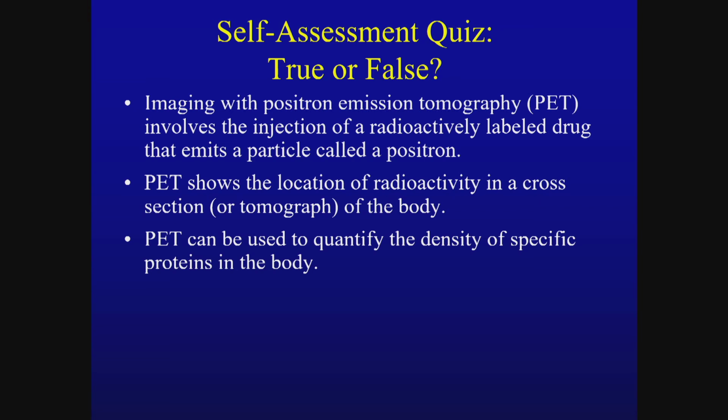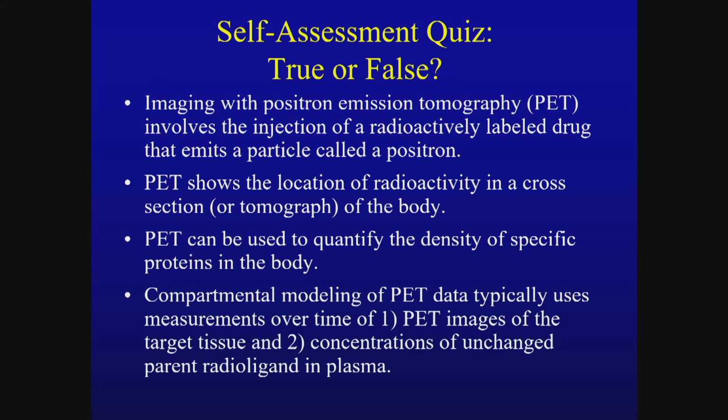If you simultaneously measure the concentration of the drug in the plasma and in the brain, let's say, then you can determine how many receptors are there. That is, you'd have more uptake in the brain relative to how much was delivered in the plasma. Okay, compartmental modeling, which is very complex, of PET data typically uses the measurements over time of PET images of the target tissue and concentrations of the unchanged parent radioligand in plasma, and the answer to that is true.